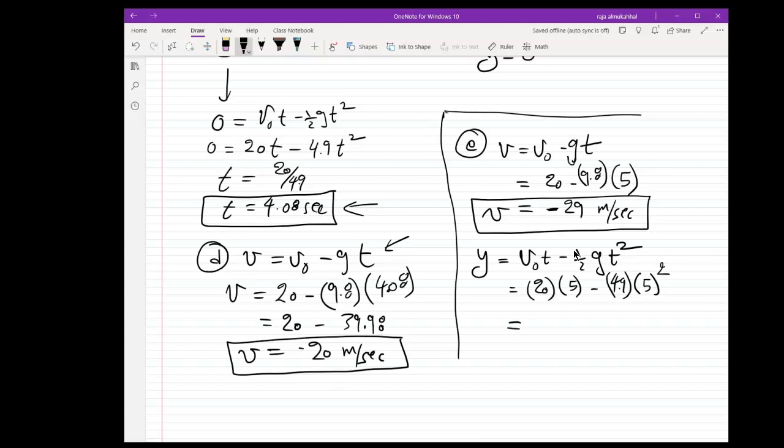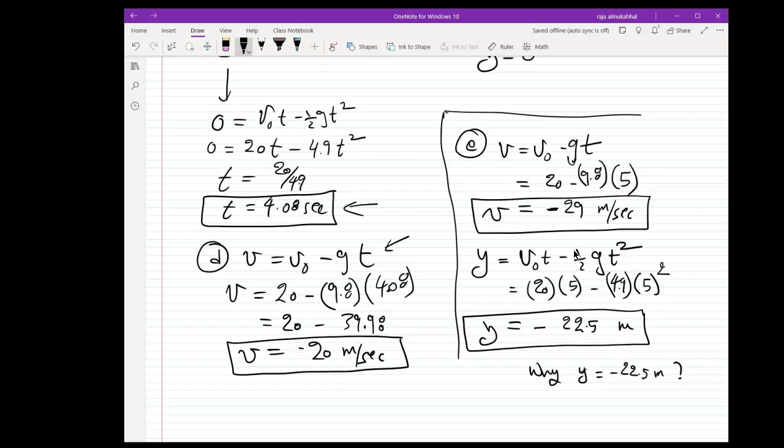And then I calculate that, and I get negative 22.5 meters. What's the meaning of the minus sign here? Y equals negative 22.5 meters. What's the meaning of that?